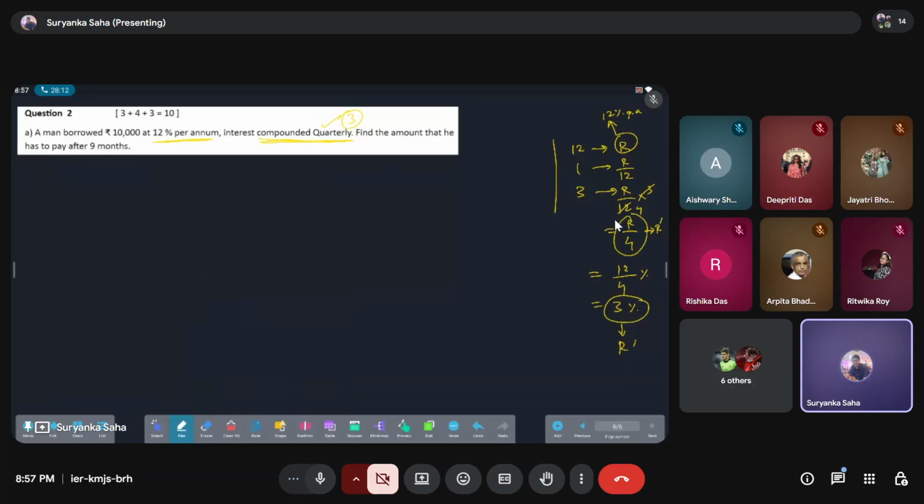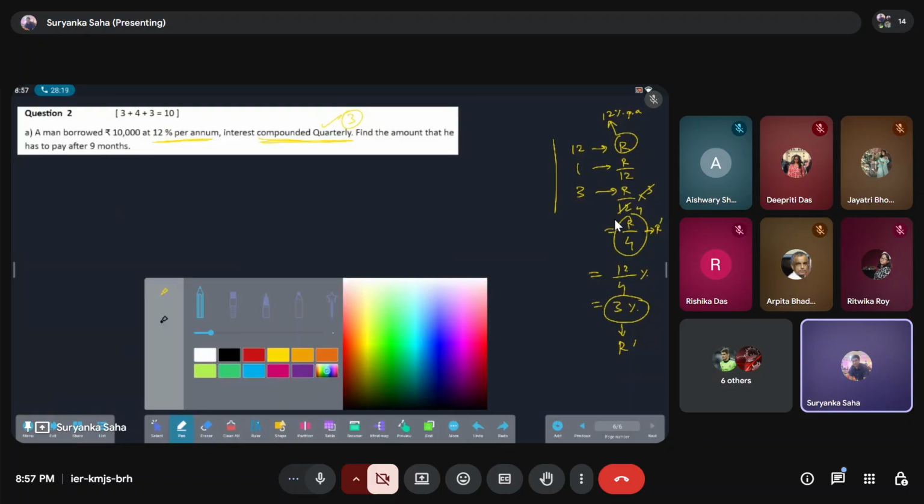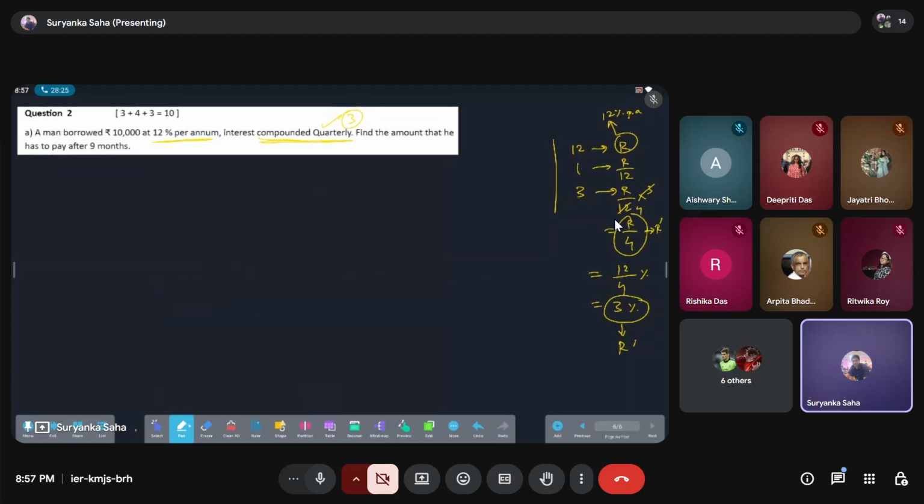So amount will be, just a minute, let me write here. Amount will be principal into 1 plus this R dash, the adjusted rate, R dash by 100 to the power I into n.